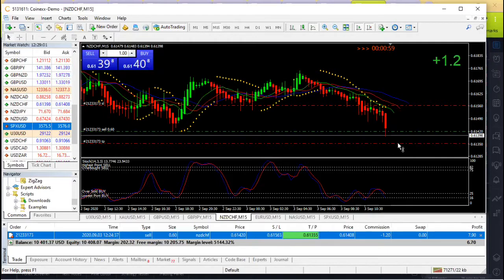Okay, but based on your lot size that you get in for, it's going to determine exactly how much you'll actually be able to get from that. Now, another thing I can do is hover over my stop loss line and see that that is 14.3 pips away from the entry point that I got in.